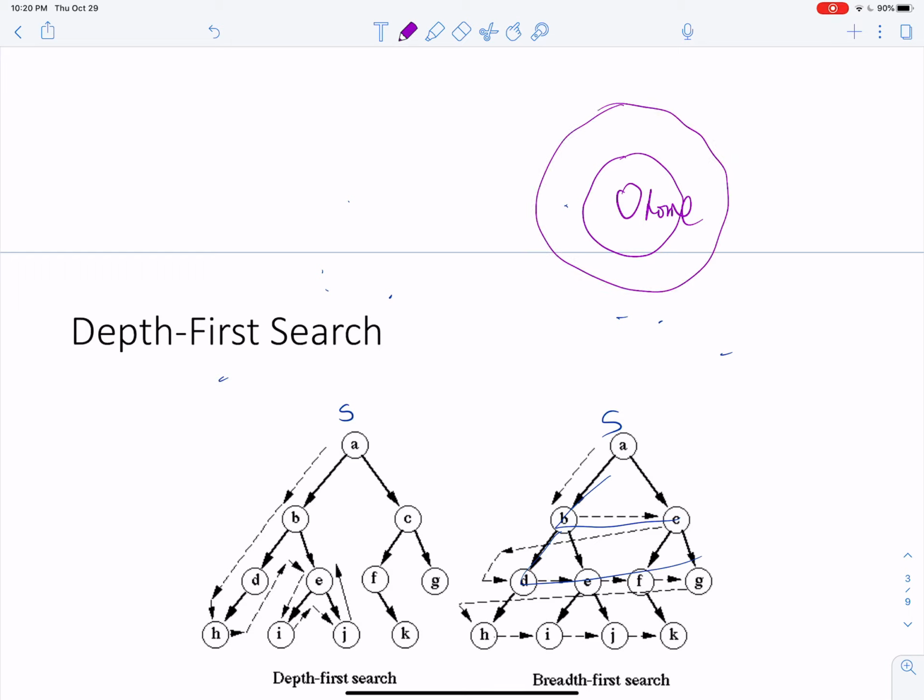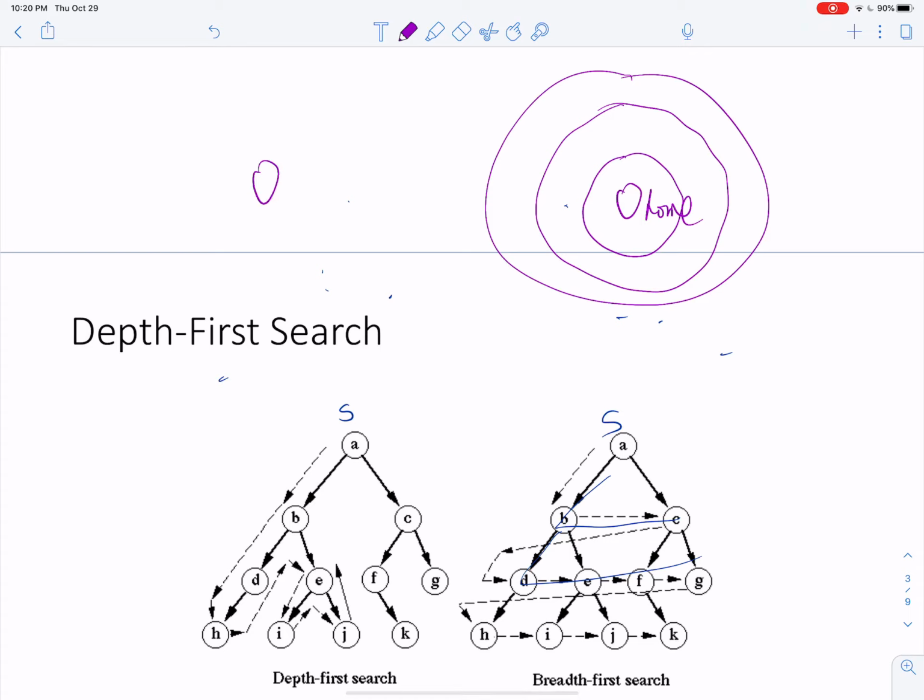So now you go to Philadelphia, you visit every place within 100 miles of your place. Each time you pick a radius and finish visiting all the places within the same radius, and then you increase your radius. Okay, so this is the idea of breadth first search.